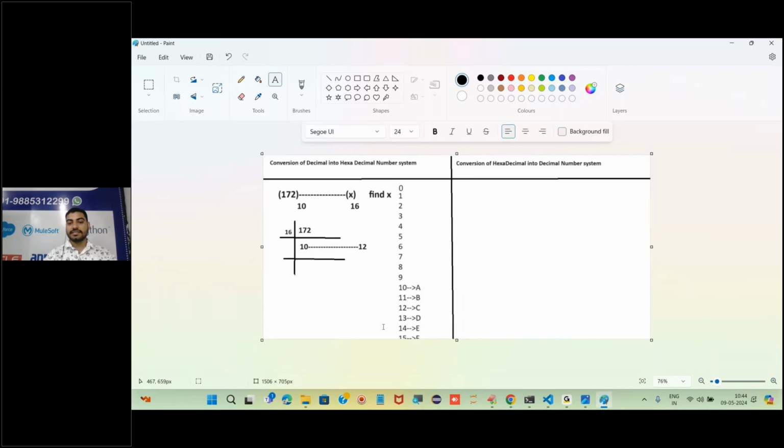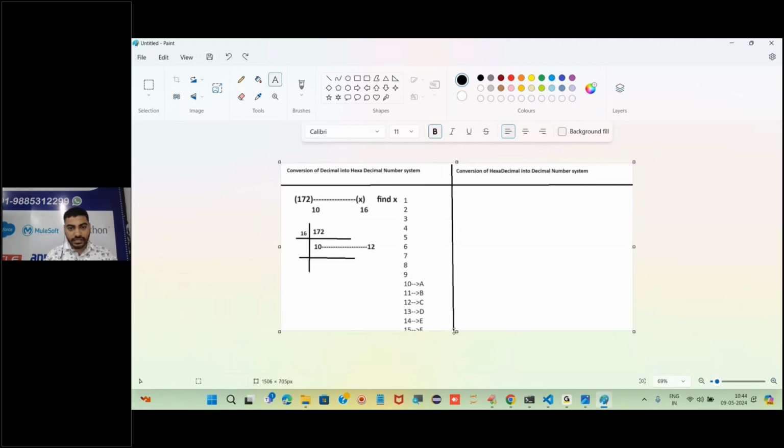These values: A as 10, B as 11, C as 12, D as 13, E as 14, and 15 as what? Just wait a minute.